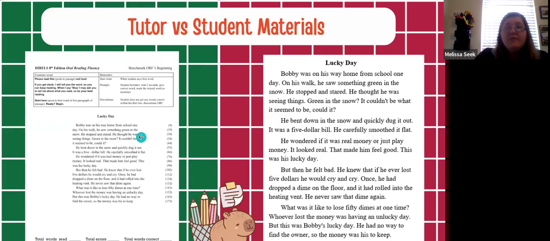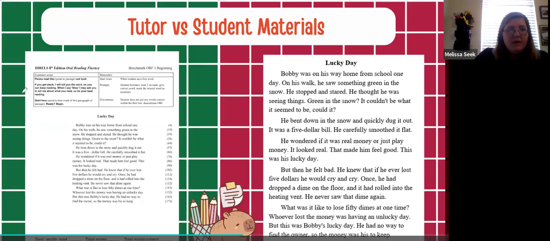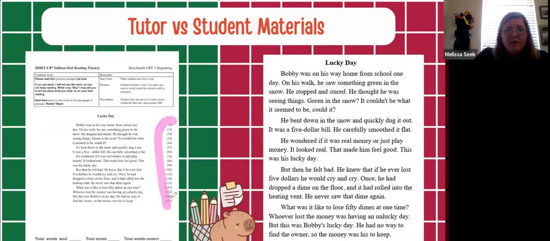On this side is what you see as a tutor. I know it's small. I could only make it so big without hiding everything else. But they have a couple of elements to it. On this side over here are the numbers. This tells you the amount of words. So when you mark where they end, you would make a mark like this.